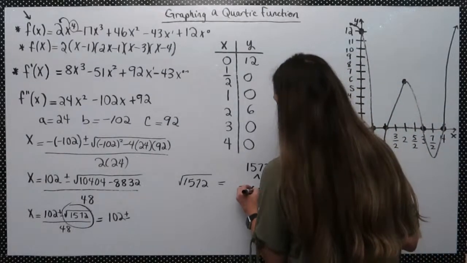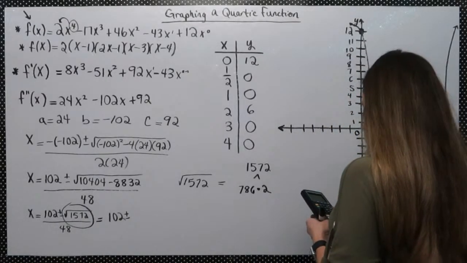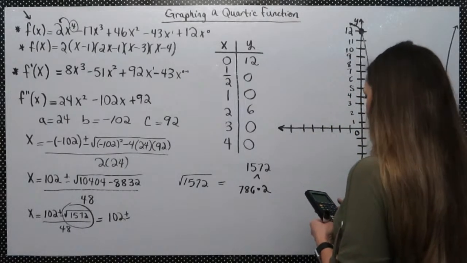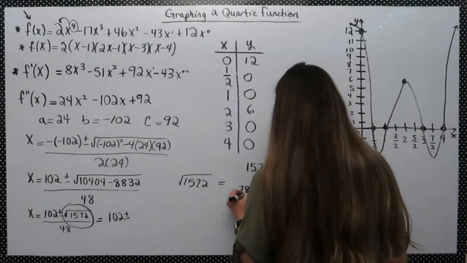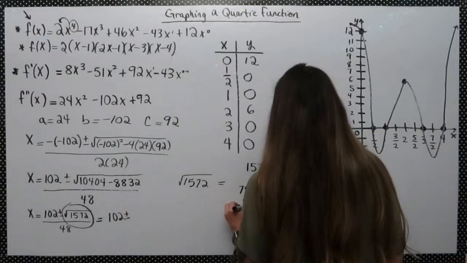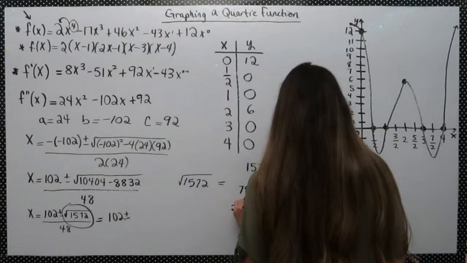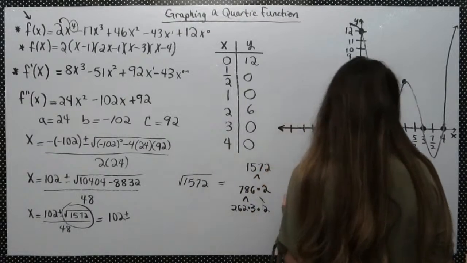So 786. And let's see if that's divisible. I know it's divisible by 2, but let's see if it's divisible by 3. Yeah, it is. Okay, so we've got 262 times 3 times 2.